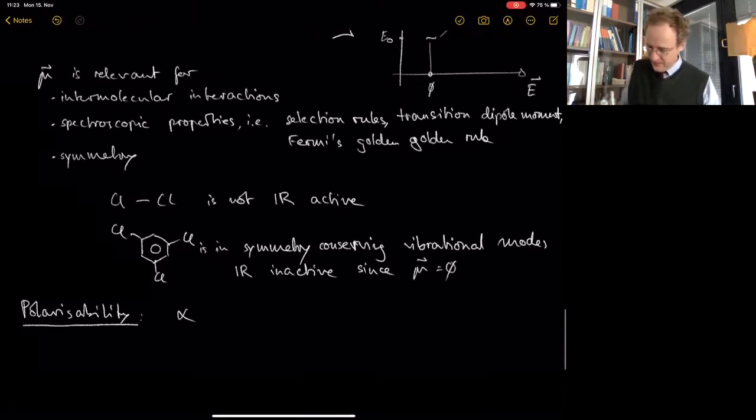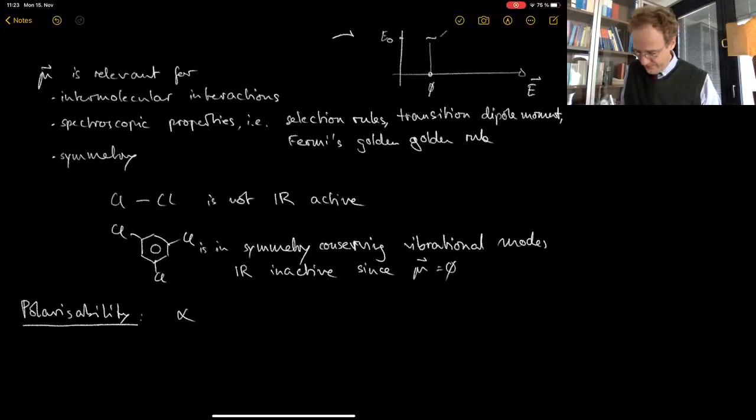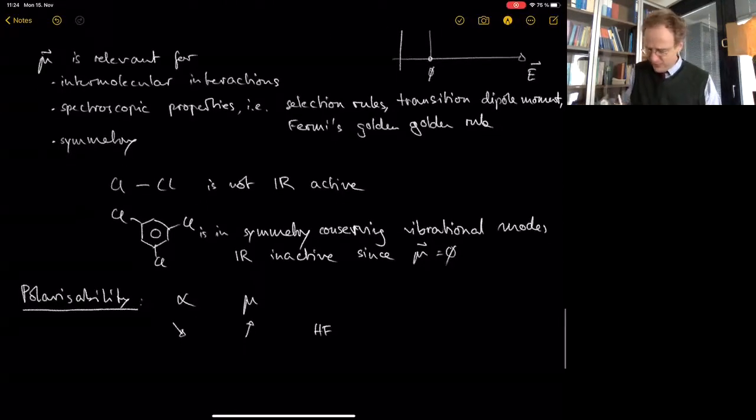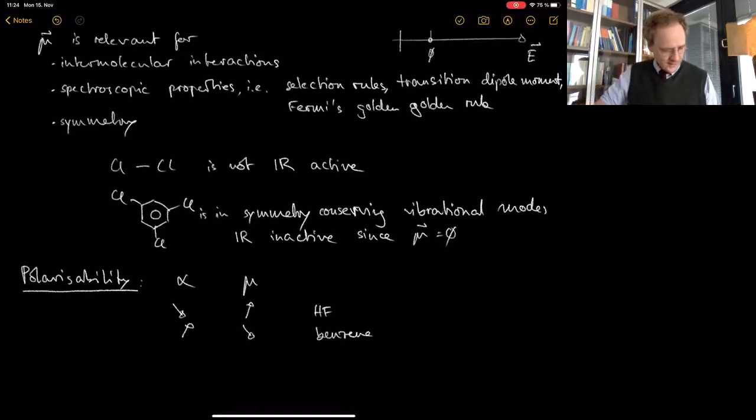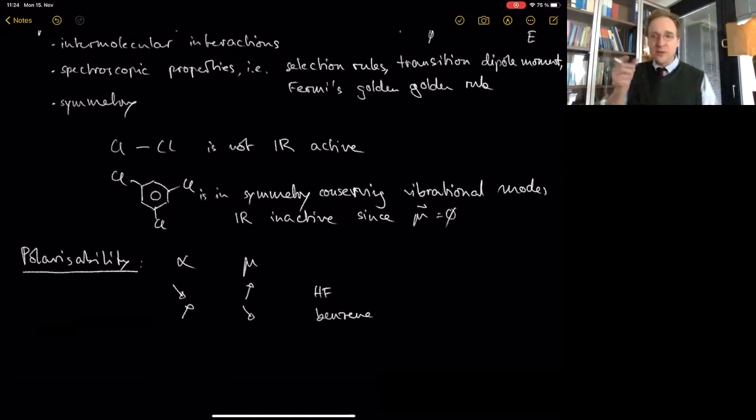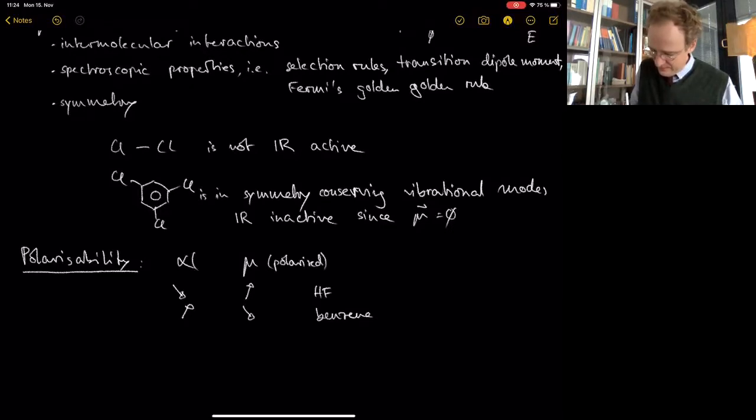So, for example, a system like HF has very low polarizability, it's very much polarized. A system like benzene is not polarized at all and is very polarizable. Okay, so you really have to grasp this difference, and of course, in terms of words, it's just a small change, right? So this is polarized, and this is polarizable.